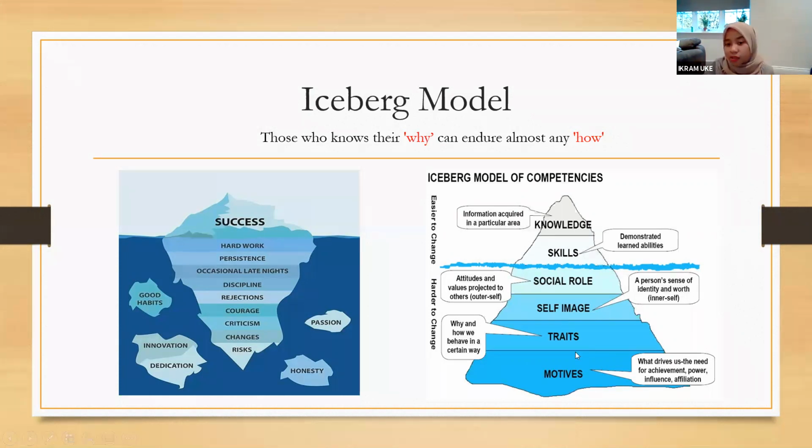What traits you have, how you have behaved, your self-image and roles, etc.